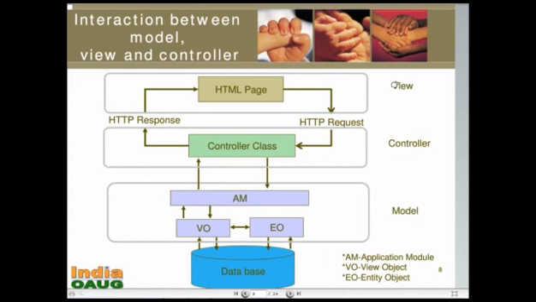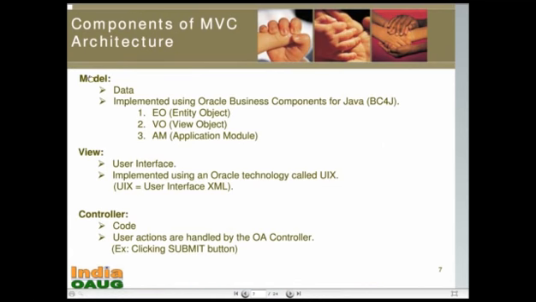Here view means the HTML page. Controller means the controller class, nothing but a Java class. Model is nothing but three components, which we just discussed on the previous page. View is nothing but your page.